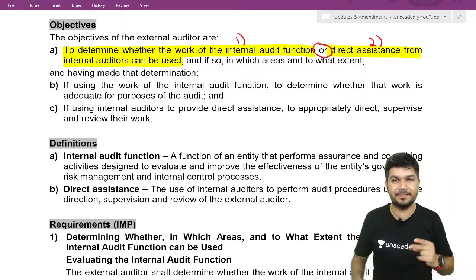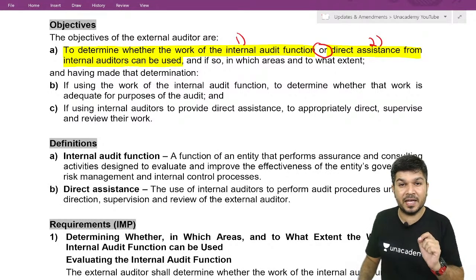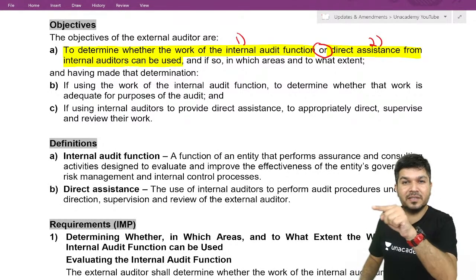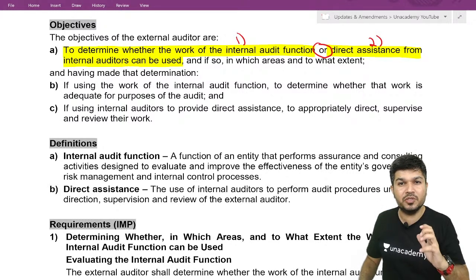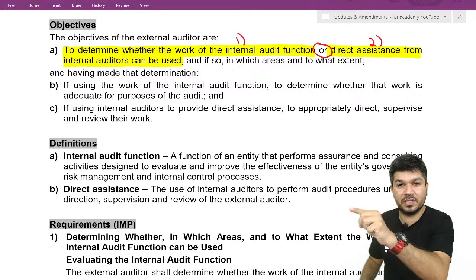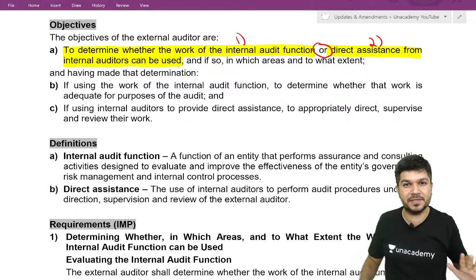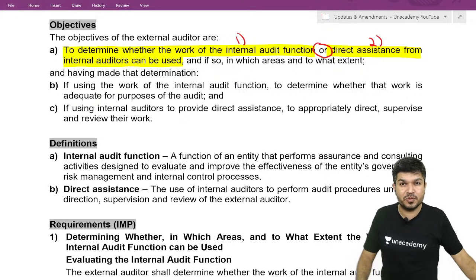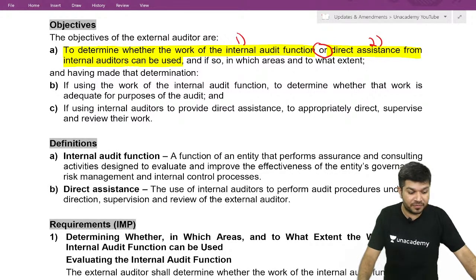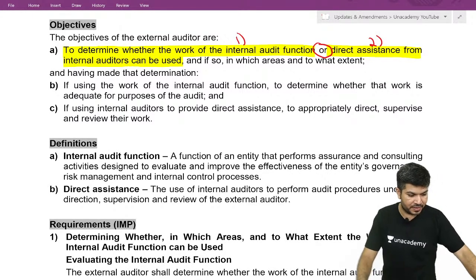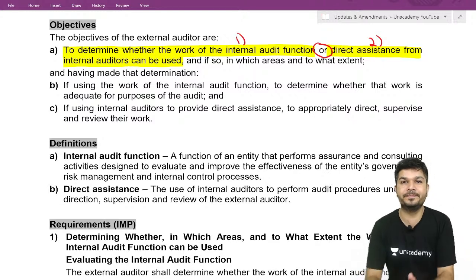Now tell me one thing. If I am using the work of the internal audit function, do I need to evaluate whether their work is adequate for my purpose? Yes or no?